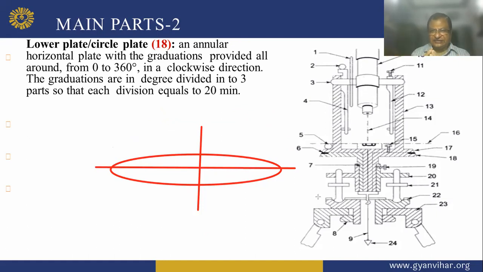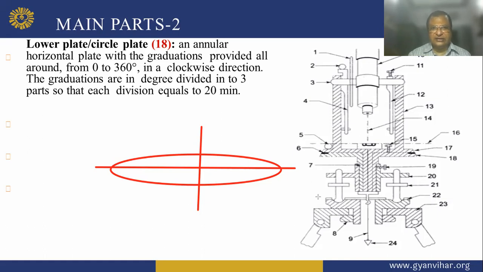Now when you fix the lower part, it will be fixed at the same angle to move for your installation. For measurement, an annular horizontal plate with the graduation provided all around from 0 to 360 degrees in a clockwise or anti-clockwise direction.